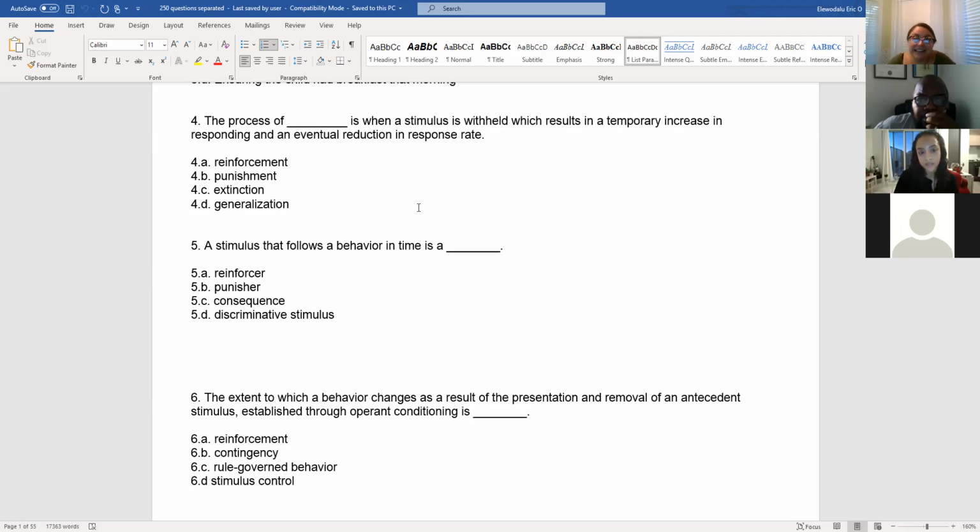So if by stimulus they mean the reinforcer or the consequence, then I would think it's extinction. What would the other response be? Reinforcement. But if you are withholding, you are not reinforcing. I agree that it's extinction. So it's C, extinction. Okay.